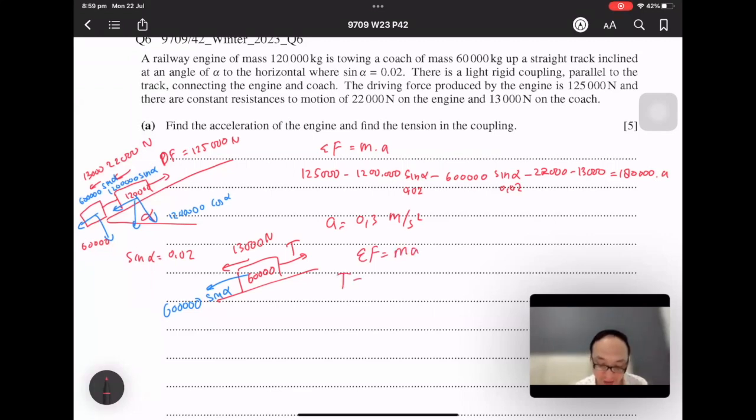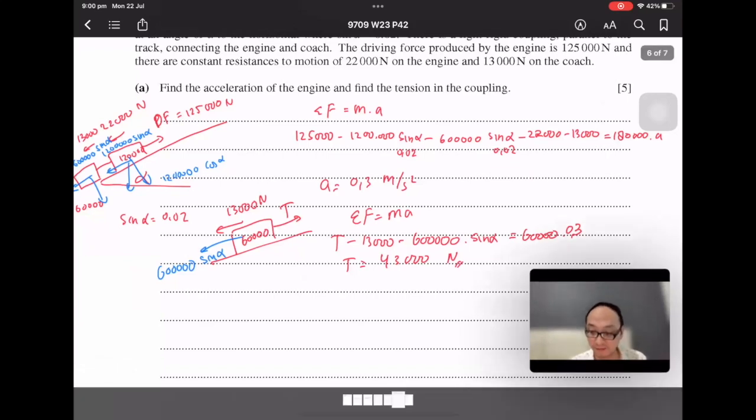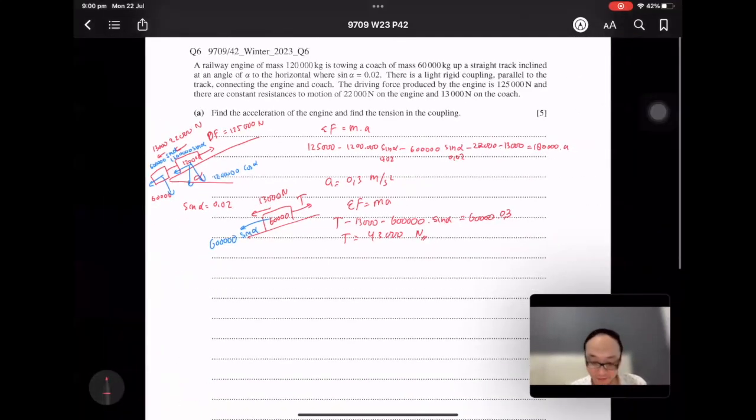So it's T minus 13,000 minus 600,000 times sine alpha equals 60,000 times 0.3. So I can find T. So T is 60,000 times 0.3 plus 13,000 plus 600,000 times 0.02. So it's 43,000 newtons. That's answer number A.